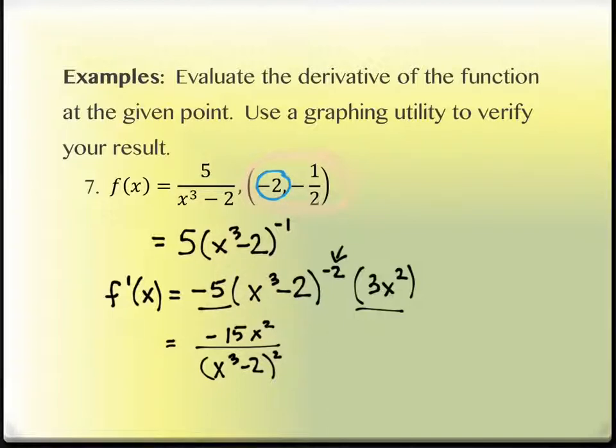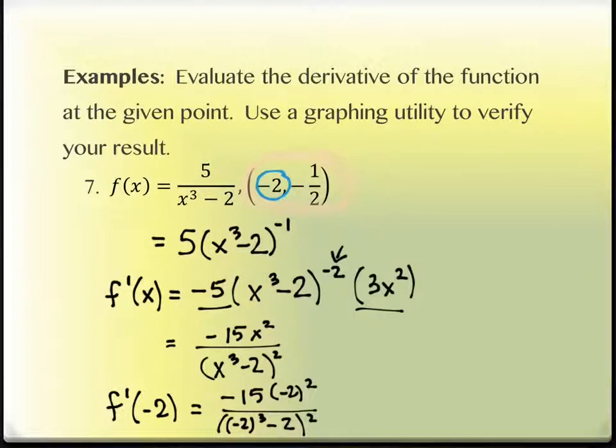Okay, so that's the derivative in general, but we want to find the derivative at the value of negative 2. So I have negative 15 times negative 2 squared over negative 2 quantity cubed minus 2 squared.